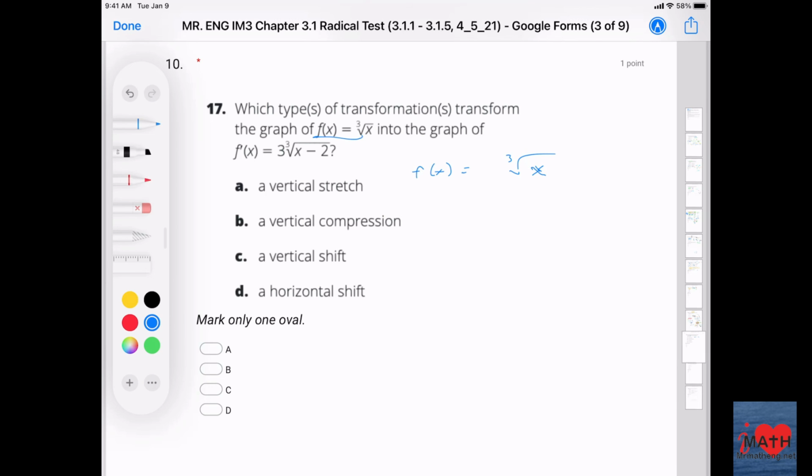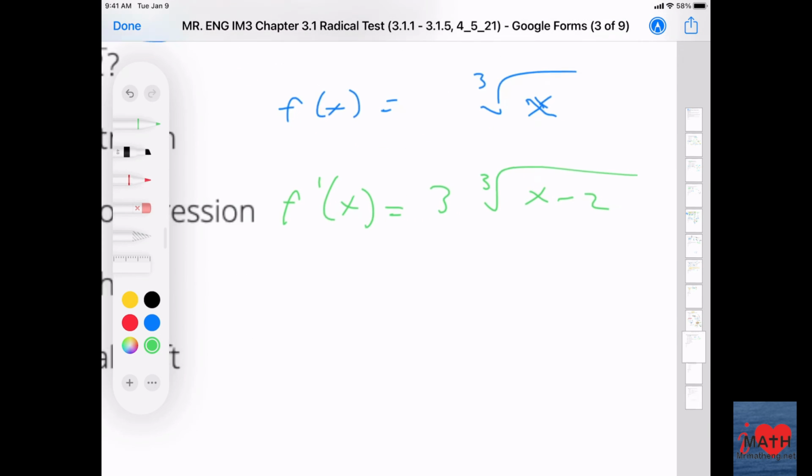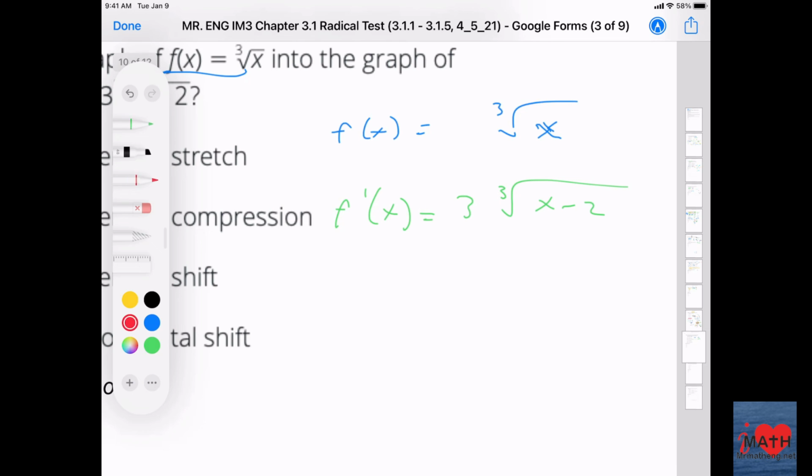Number 17, which type of transformation or transformations transform the graph from f of x into the graph of f prime of x, which is just the inverse. So again, that just means inverse, or a graph moved. So if I have this graph, a times the cube root of bx minus c plus d.